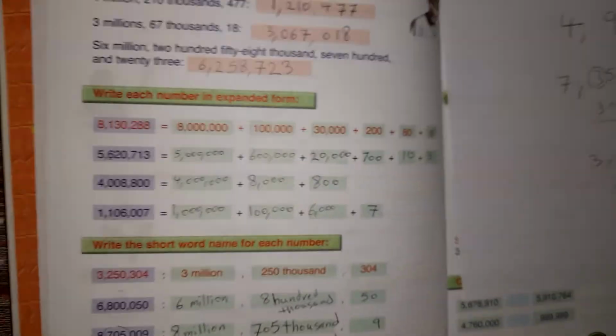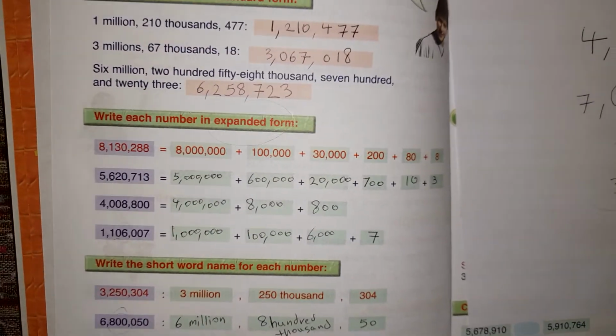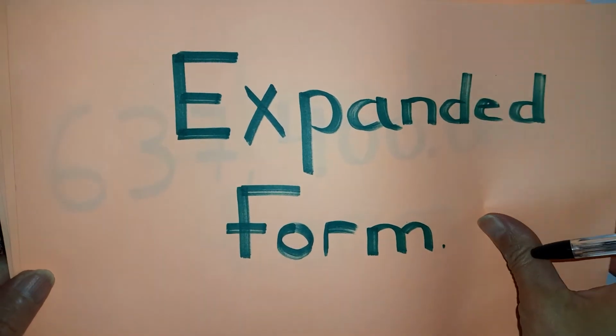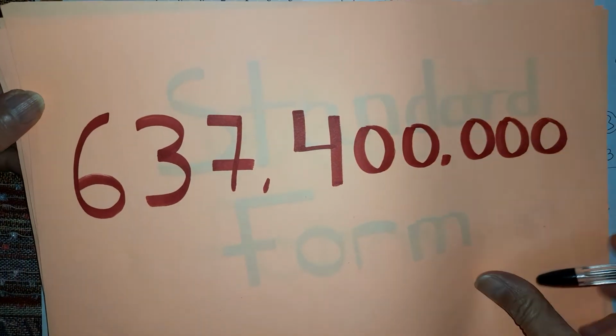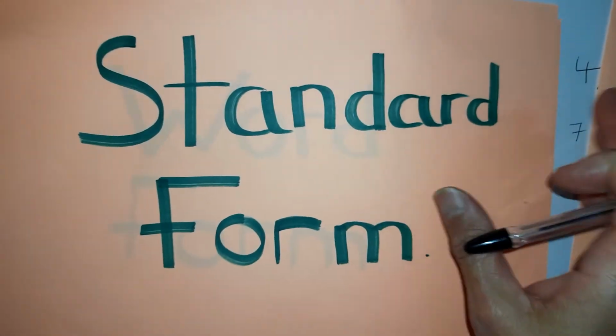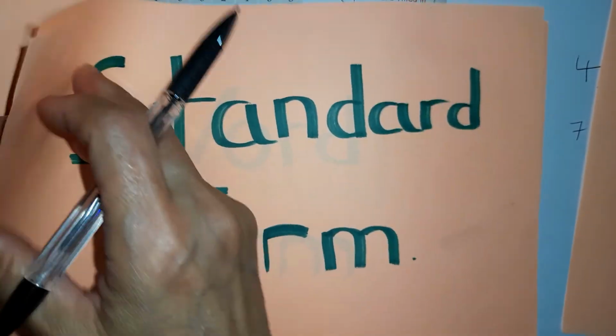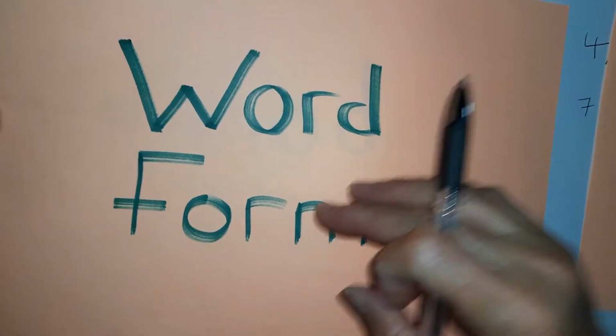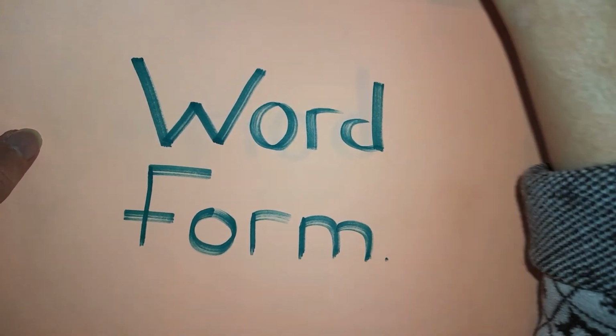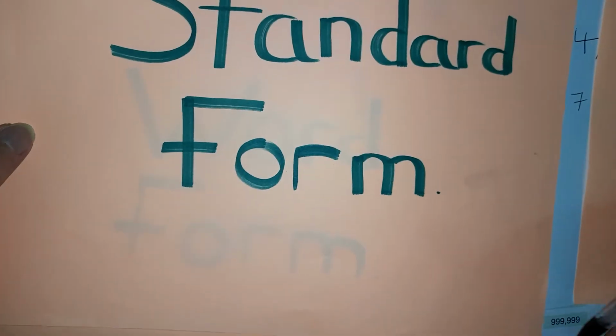Okay, so as I said before, each number has a short word name, expanded form, standard form, and word form. Word form when you use letters. Standard form if you write it like that.